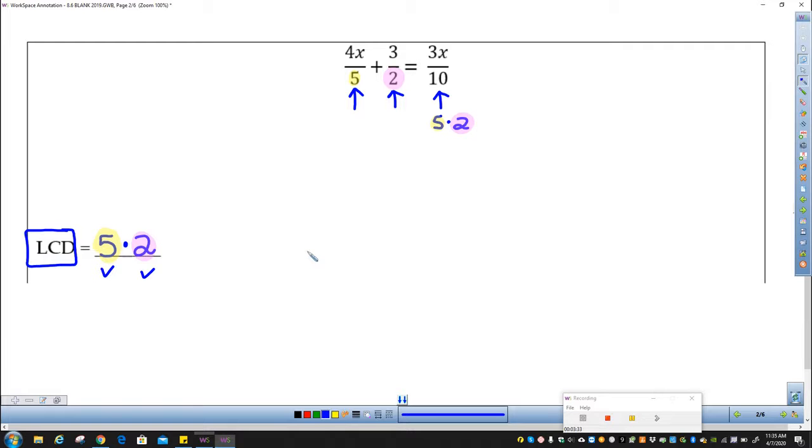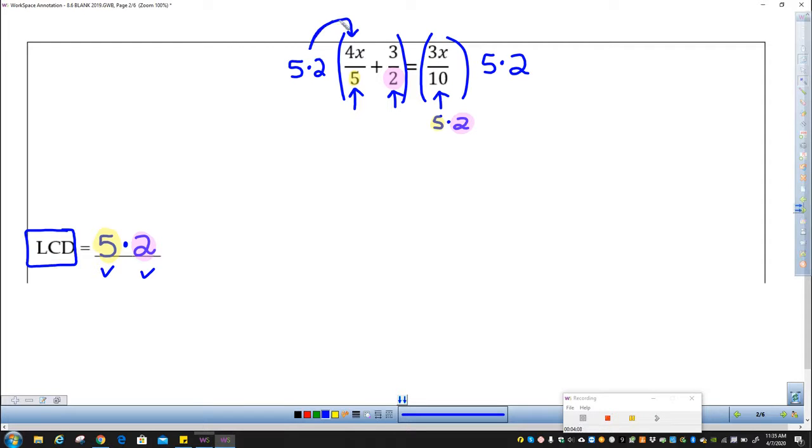So what we're going to do with that LCD is we're going to multiply everything on both sides by the LCD. And we can do that because this is an equation, and as long as we do the same thing to the left side that we do to the right side, it's going to maintain the equality of the equation. Now, what we actually have to think about on the left side, we actually have to distribute that to both parts because we have a plus sign here.